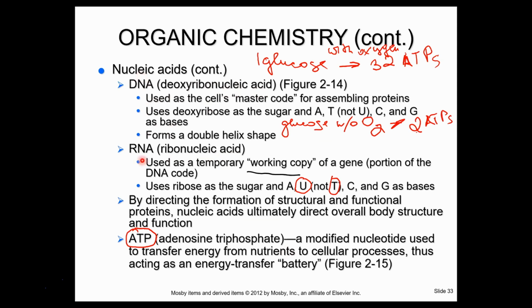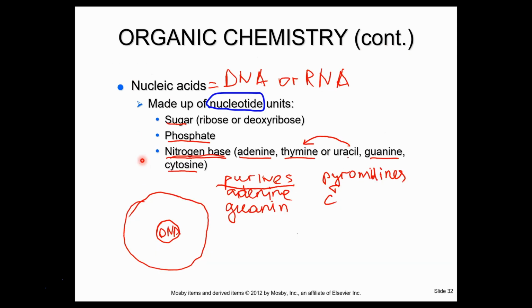Well, they have certain similarities in that their structure is made up of 3 components, okay? There's the sugar, phosphate group, and the nitrogen base. So this sugar, phosphate, and nitrogen base form what's called nucleotide units.